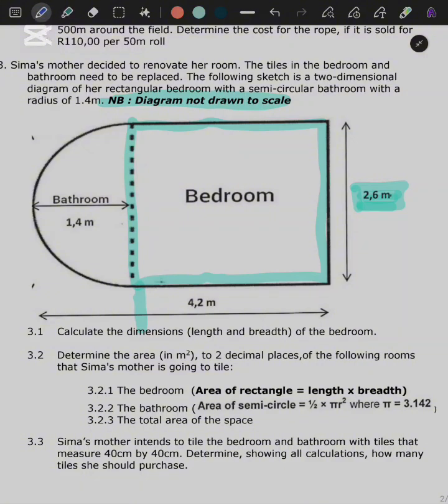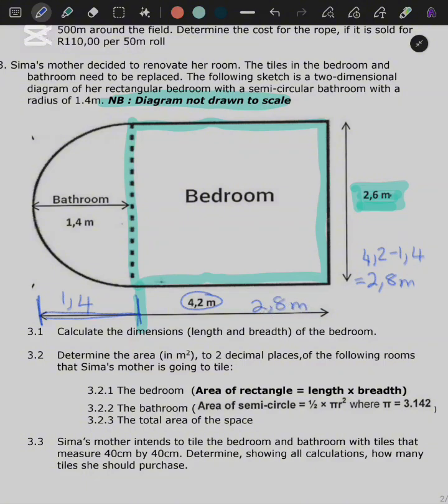I know from here to here is actually 1,4, because it tells me that. So the question is 1,4 plus what gives me 4,2, which is the full length. So I'm going to say 4,2 minus 1,4 gives me 2,8 meters. So it's going to be 2,8.